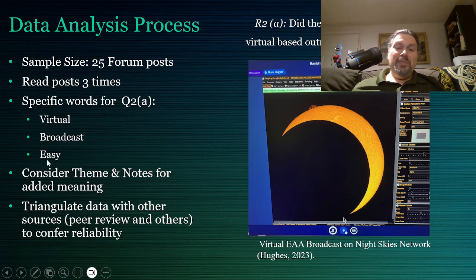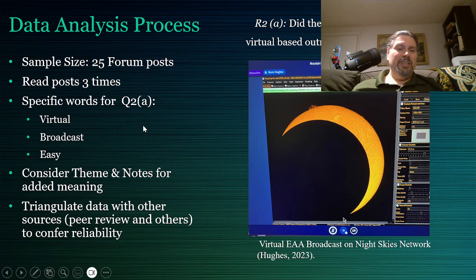And then ease of use. Again, we're staying with the TAM, and we consider the theme and the notes for any added meaning here. Again, the same thing with triangulation of data.